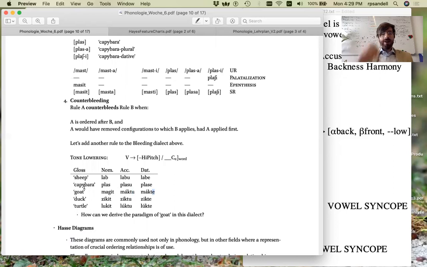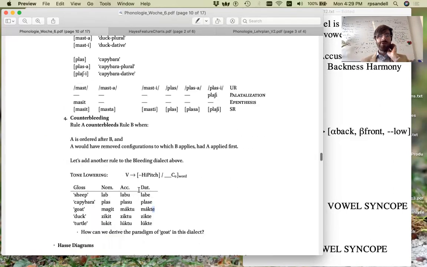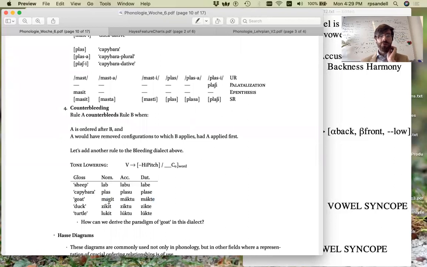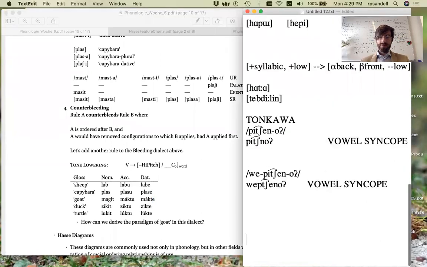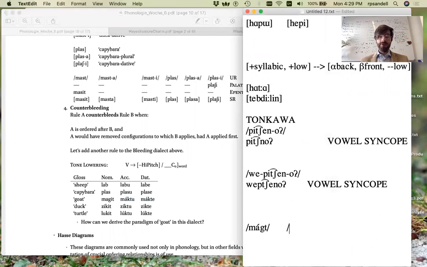So let's consider, how can we derive the paradigm of goat in this dialect? So following the interaction above between epenthesis and voicing assimilation, we can recall that, let's assume the same underlying form, and let's assume that since we find this high tone in these suffix forms, that this high tone is underlying.